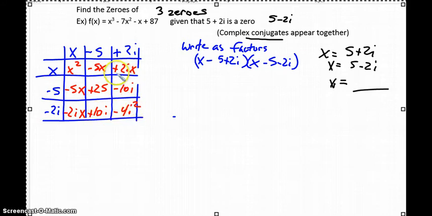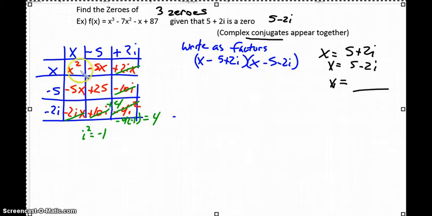So for example, my plus 2ix and my minus 2ix cancel out, so will my 10i and my negative 10i. Now remember that i squared is the same as negative 1, so really what you have here is negative 4 times negative 1, which really makes a positive 4. So I'm going to cancel this out and put a 4 in that box, so I know that there's really a positive 4 there instead of a negative 4i squared.